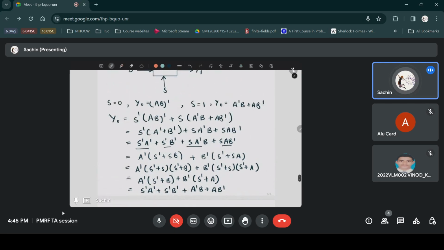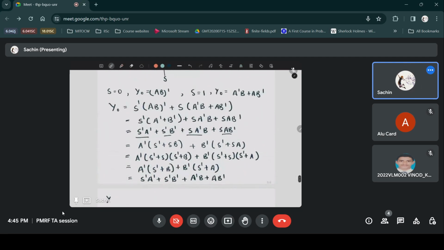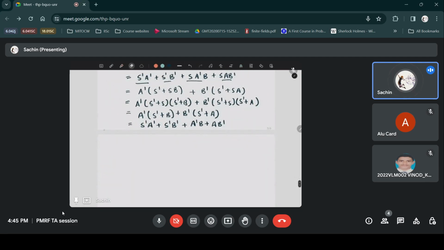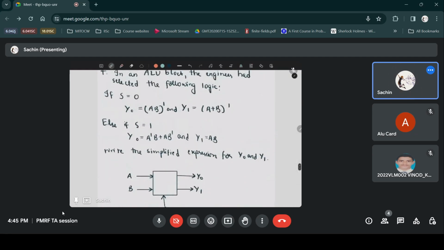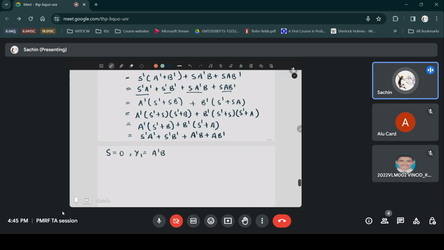That is for Y0. For Y1, again similarly, when S is equal to 0, Y1 is A complement B plus AB complement.